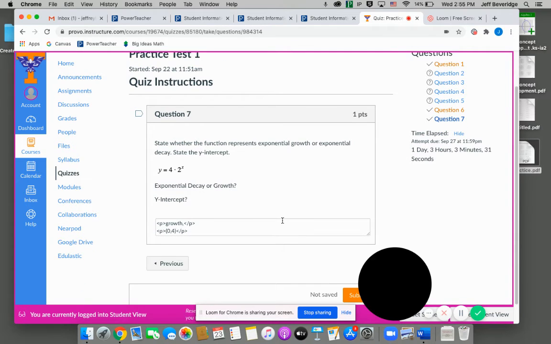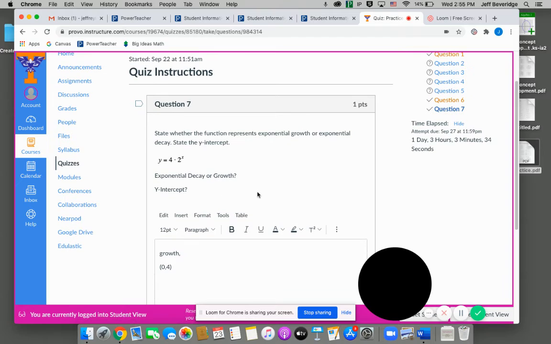There will be more questions like this as well, where it will give you a function like this, y equals 4 times 2 to the x, and this time you have to state growth or decay. Because our b value is greater than 1, this will be growth. Then it's going to ask you to state the y-intercept.